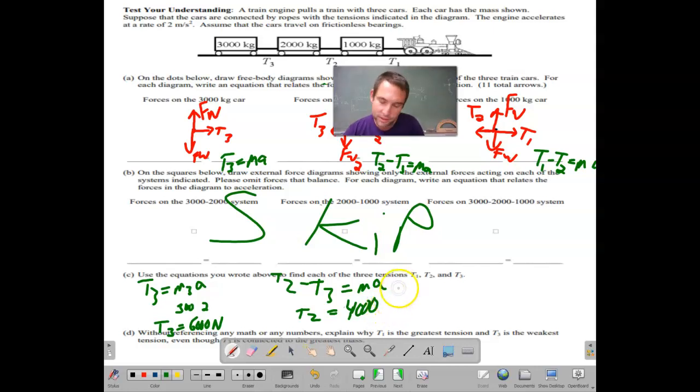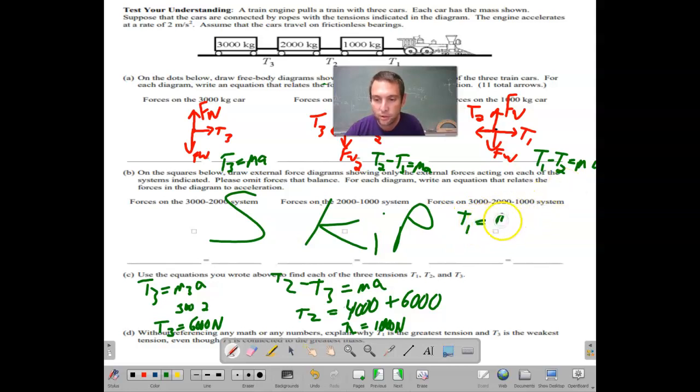Rewind, watch it again. 4,000 plus that 6,000 T3, because remember I added T3 to each side. T3 we said earlier was 6,000, so I'm going to add it over here. T2 is 10,000 newtons.